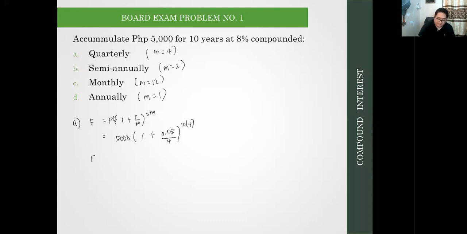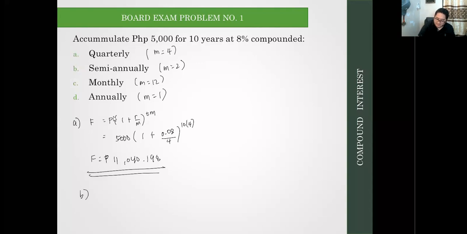So F for this problem will be 5,000 multiplied by (1 plus 0.08 over 4) raised to 40. We have 11,040.198 pesos. This is for quarterly.